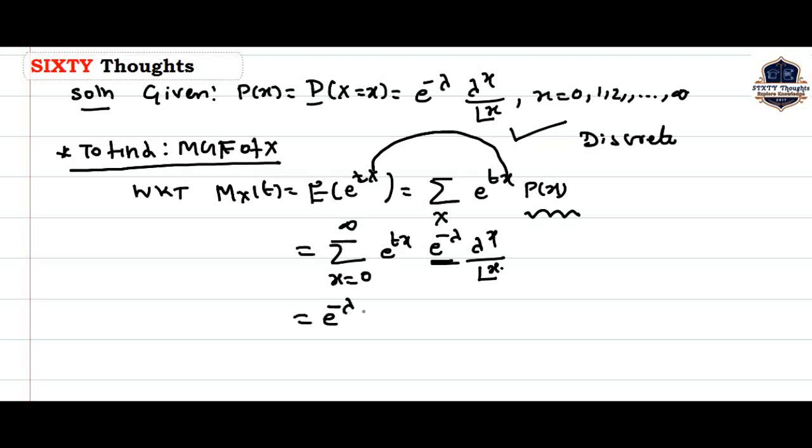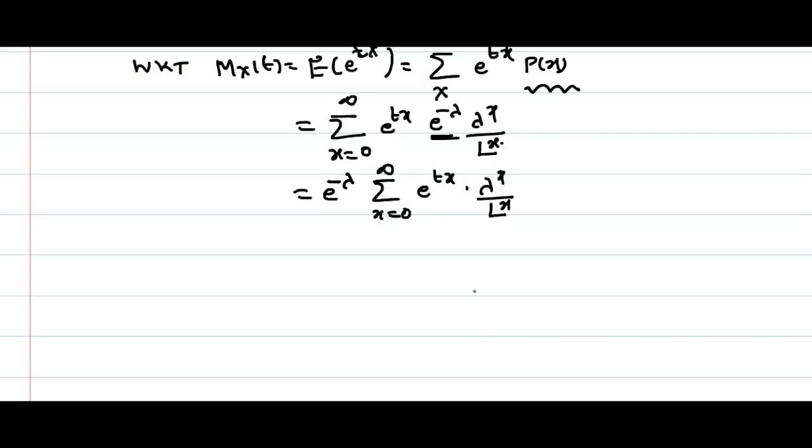We get e power minus lambda summation x equal to 0 to infinity of e power tx into lambda power x by x factorial. Here power x is there, and there also power x is there, so we arrange the power of x terms together. We get e power minus lambda into the summation of (lambda e power t) power x by x factorial.